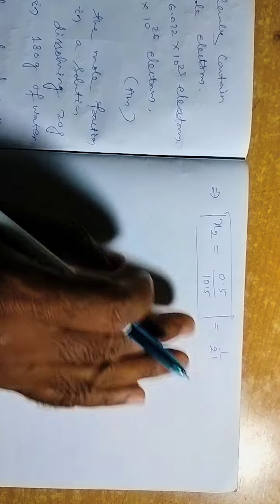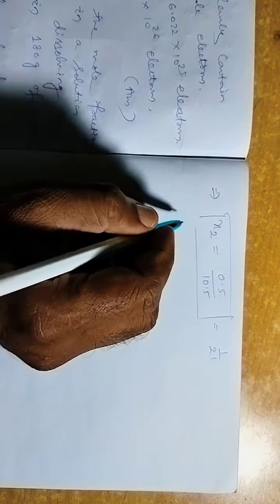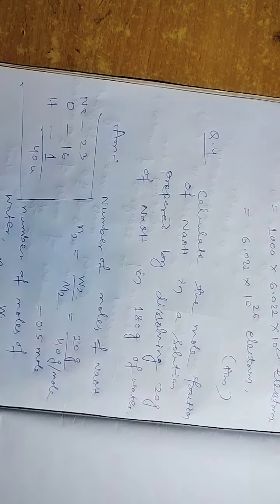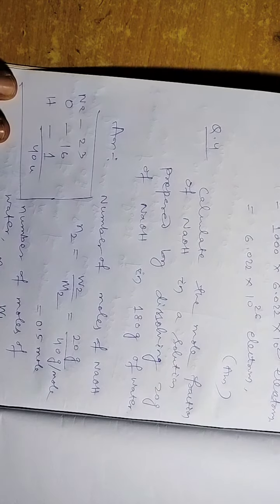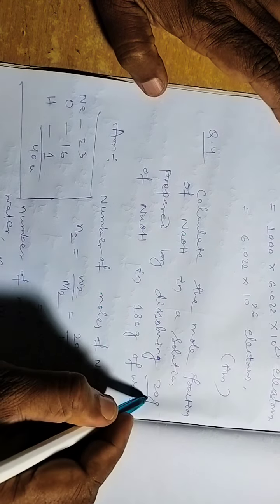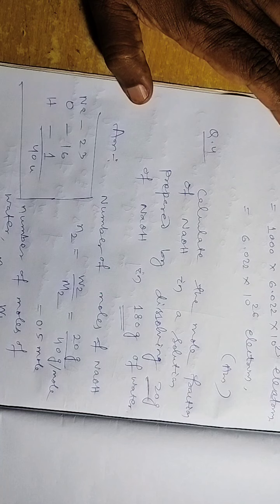I will be explaining one more question regarding this. So first you see, in this question, the mass of solute is given, that is sodium hydroxide. The mass of sodium hydroxide is 20 grams given here, and the mass of water is 180 grams.